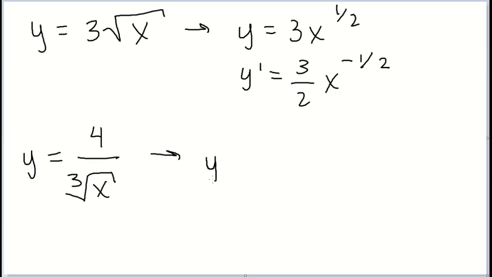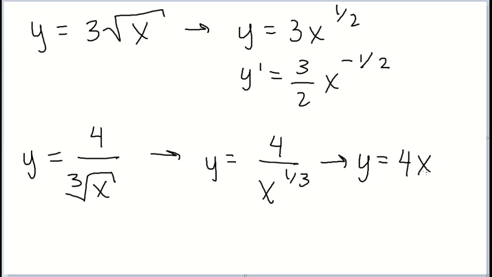So I'm going to turn this into y equals 4 over x raised to the 1/3. So what I did is I rewrote that cube root as a fraction. And now I realize that I can also rewrite this by taking whatever's in the denominator and moving it up into the numerator by giving its exponent the opposite sign. So I can say y equals 4x to the negative 1/3.